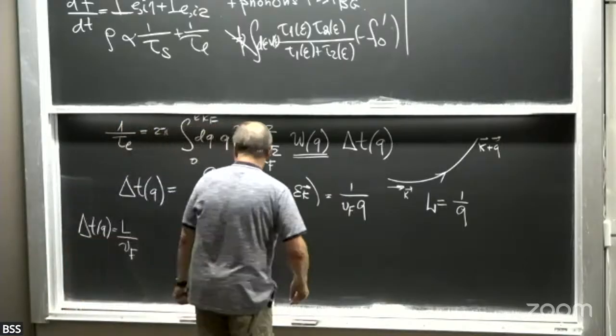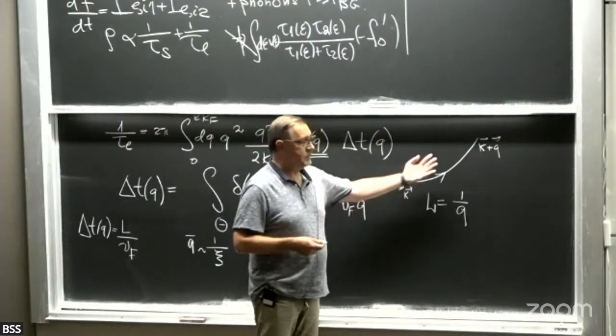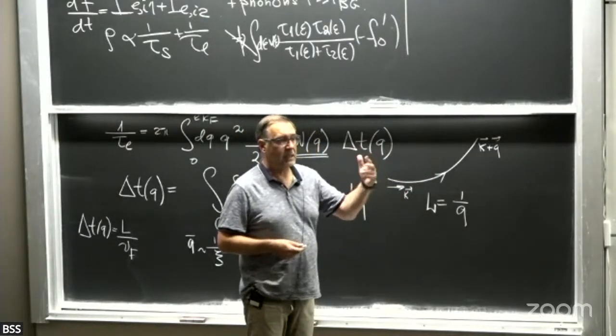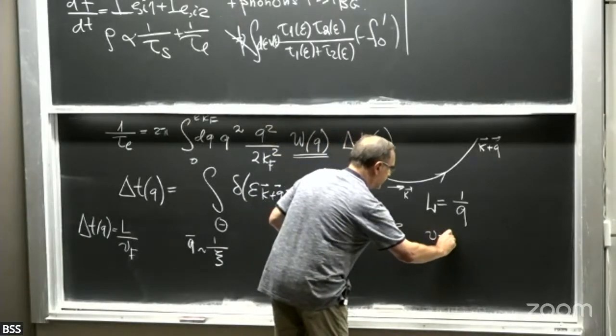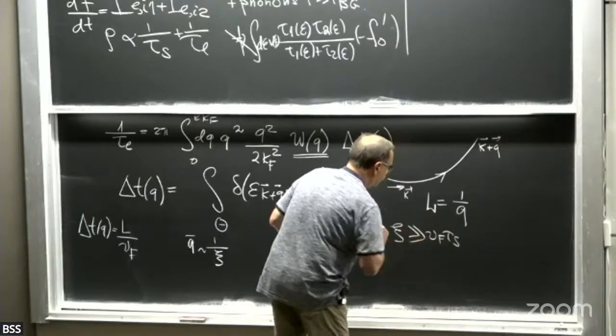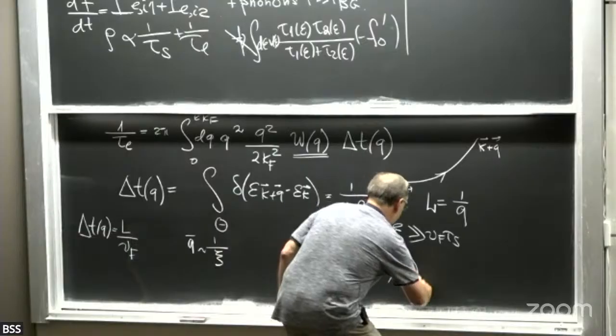And therefore, when I need to decide whether my trajectory is ballistic or it's zigzag-like, I need to compare the correlation length with the mean-free path. And if the correlation length is much longer than the mean-free path, my trajectory is going to look like this.